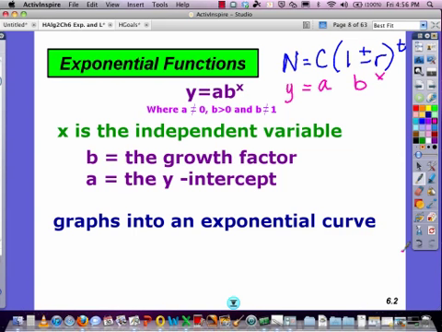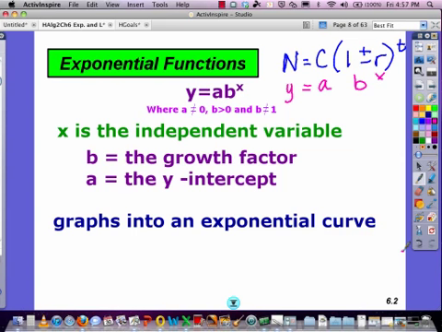So if we know that we have a growth situation and we know what that growth is, then we were expecting now, today, our b value to be that number that's bigger than 1. If we know it's absolutely a decay situation, then we will be expecting the b value to be less than 1.